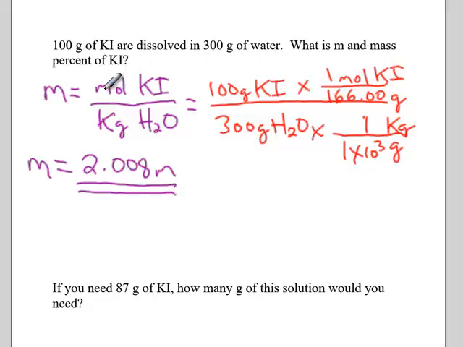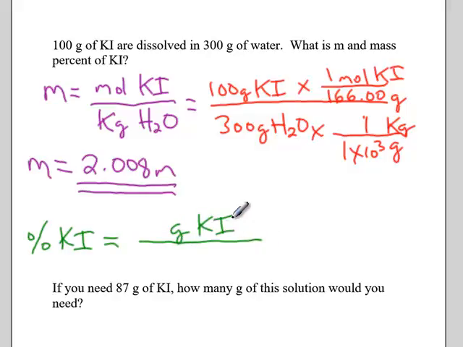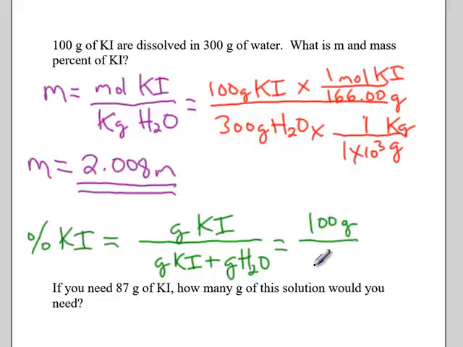The mass percent of potassium iodide is grams of potassium iodide in the numerator divided by the total number of grams, which is grams of potassium iodide plus grams of water. And the problem tells us we have 100 grams of potassium iodide and 300 grams of water.